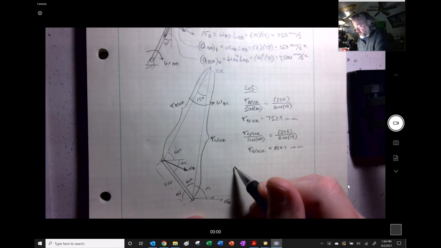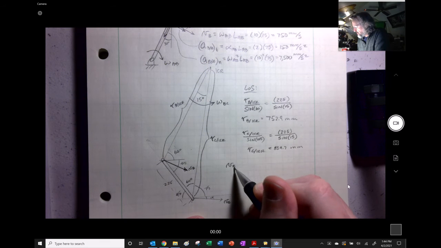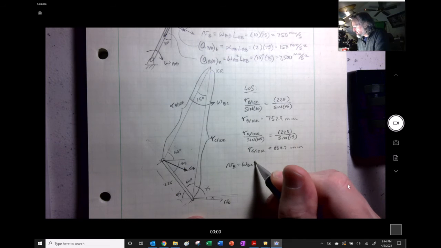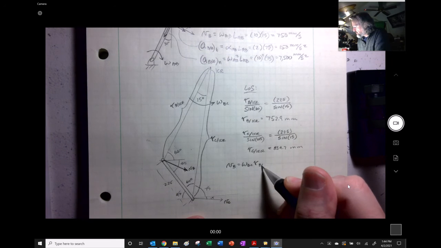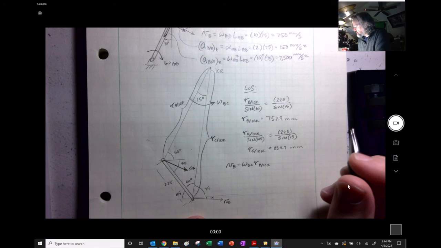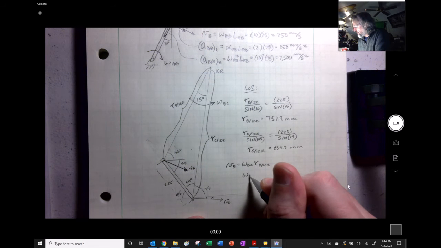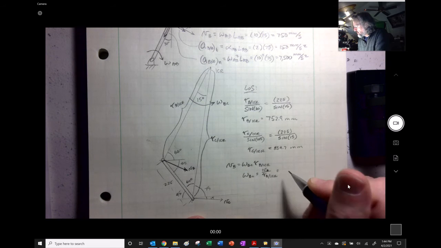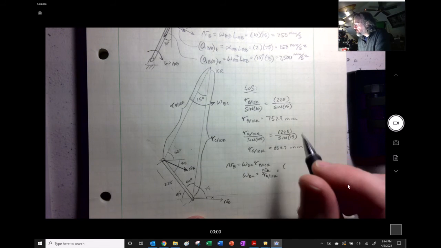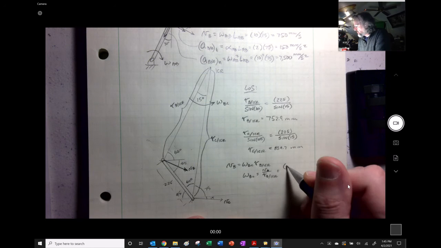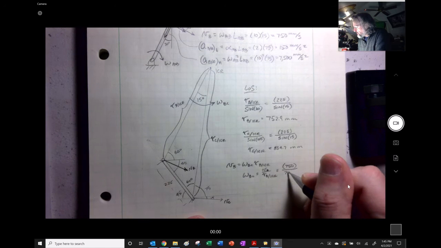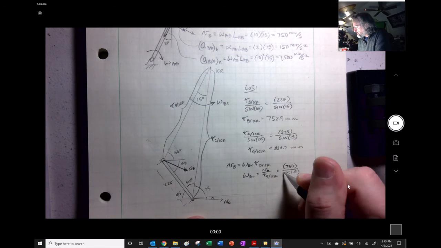So knowing that VB is equal to omega BC times RB with respect to ICR, we can find omega BC is equal to VB over RB with respect to ICR. So that's, which one is that? 750 up above, divided by my 752.9.